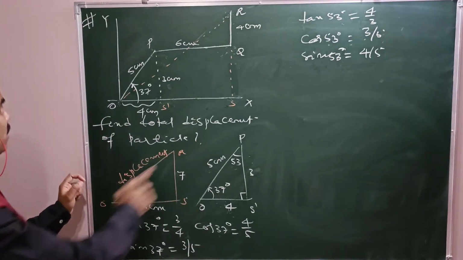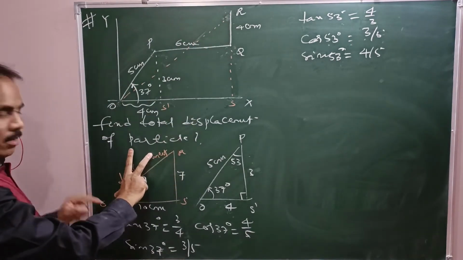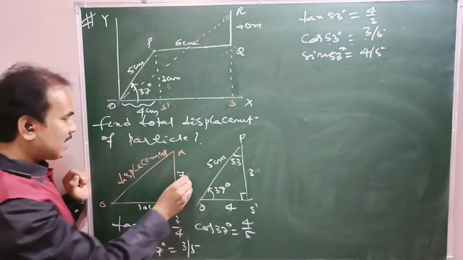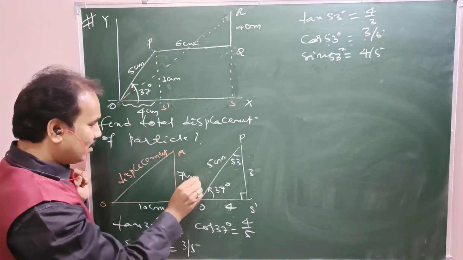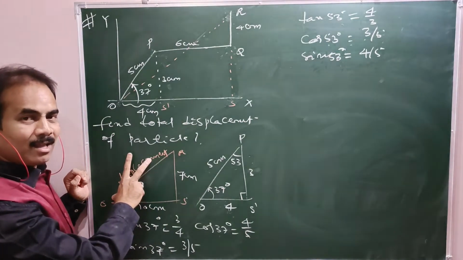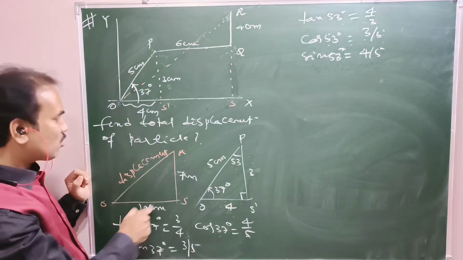Now what about the displacement from O to R? O to R means hypotenuse. We know the remaining two sides, that is 7 centimeters and 10 centimeters. The hypotenuse is root over side square plus side square.